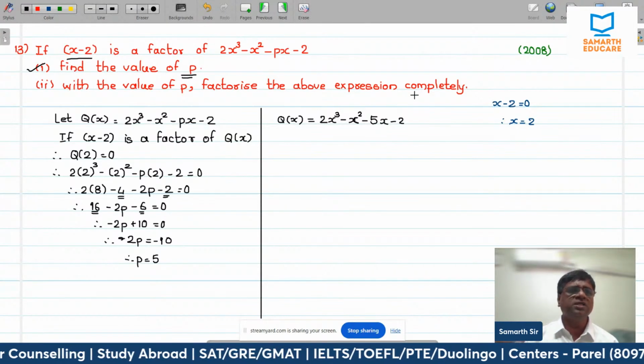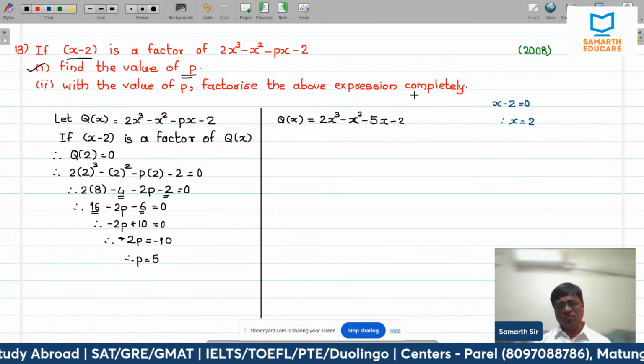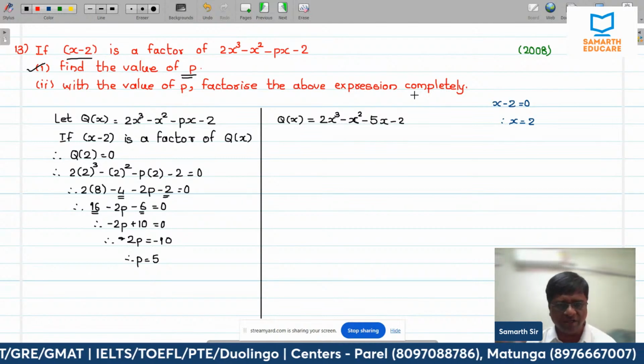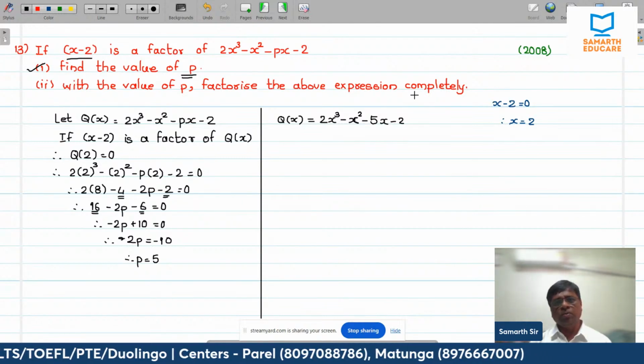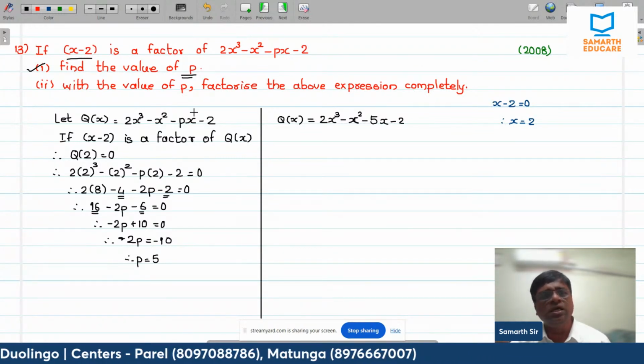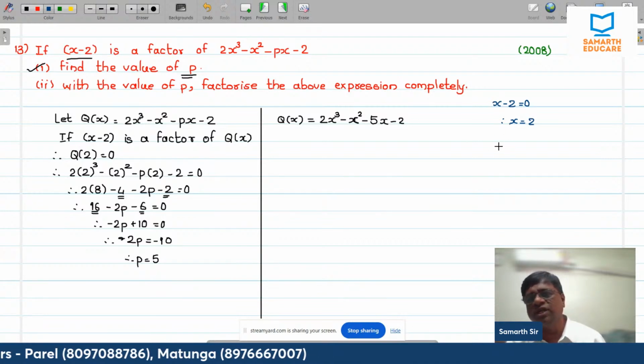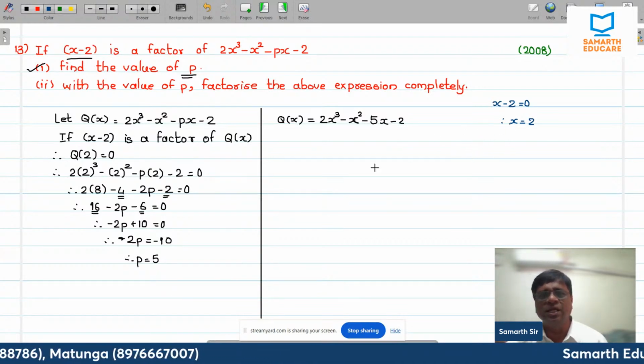We already know that x minus 2 is a factor. तो बाकी पूरा फैक्टराइज करने के लिए हाउ डू आई डू दिस? नाउ दिस इज वेरी इंपॉर्टेंट पार्ट टू अंडरस्टैंड.